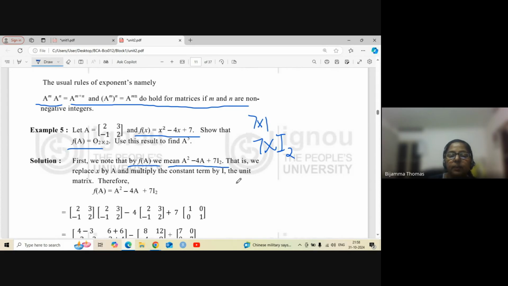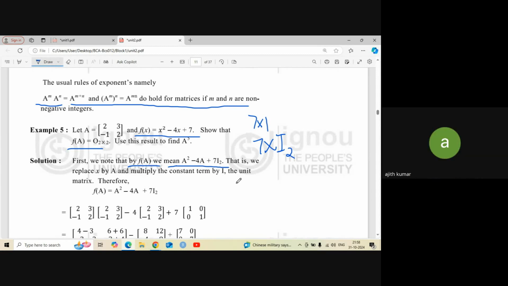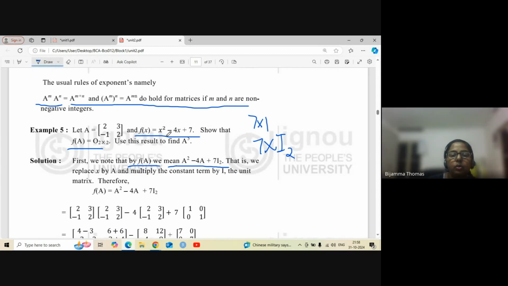Now we have to show that f of A, when simplified, should be 0, meaning a zero matrix of order 2, because all the terms are matrices of order 2, so the resulting matrix will be of the same order.